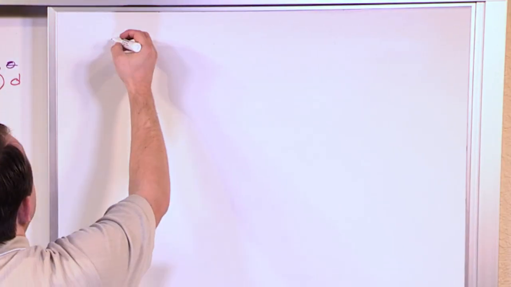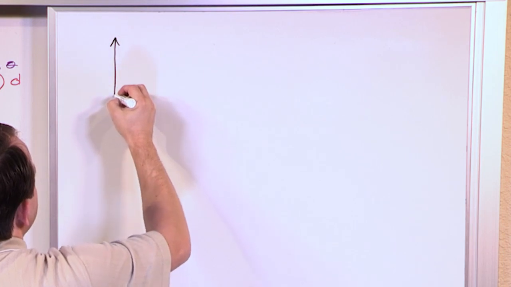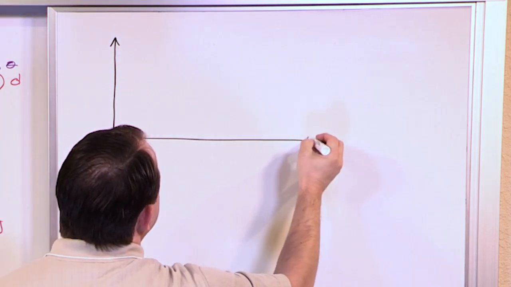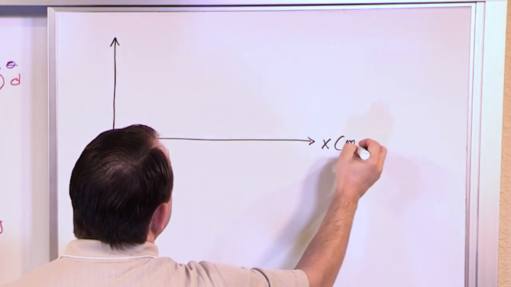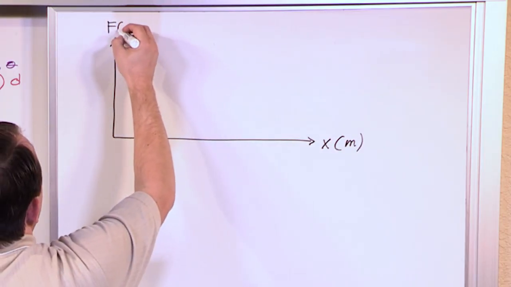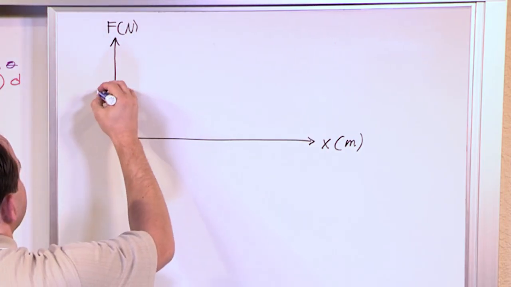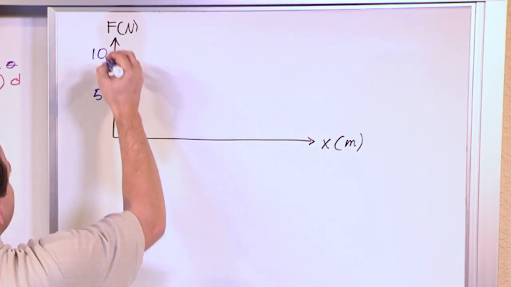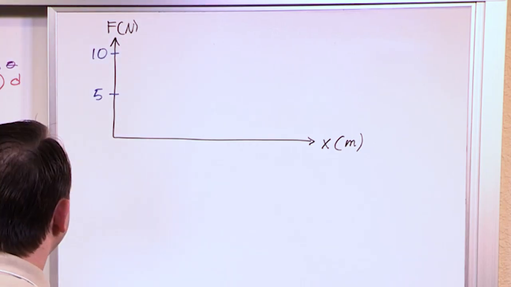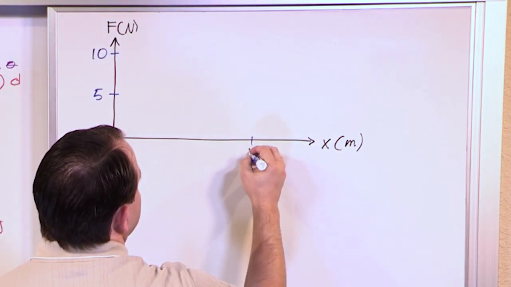So if we had something like that, we would have again a graph like this, and this would be distance in meters, and this would be force in newtons. Just like we did before, let's say this is 5 newtons, and this is 10 newtons up here, and this is 10 meters.